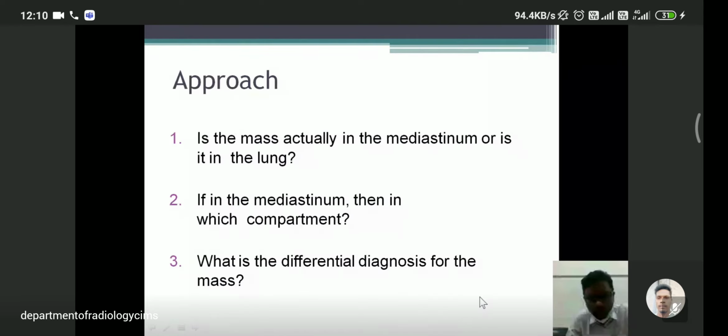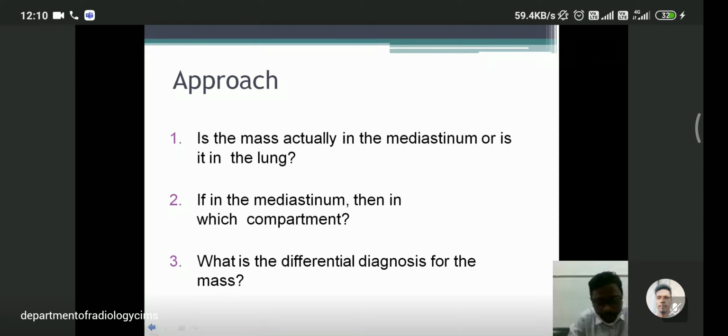So what will our approach be if we are looking at the X-ray? First, we have to confirm whether it is in the mediastinum or in the lung parenchyma. If confirmed in the mediastinum, our next step is to confirm in which compartment, anterior, middle, or posterior, it is situated.